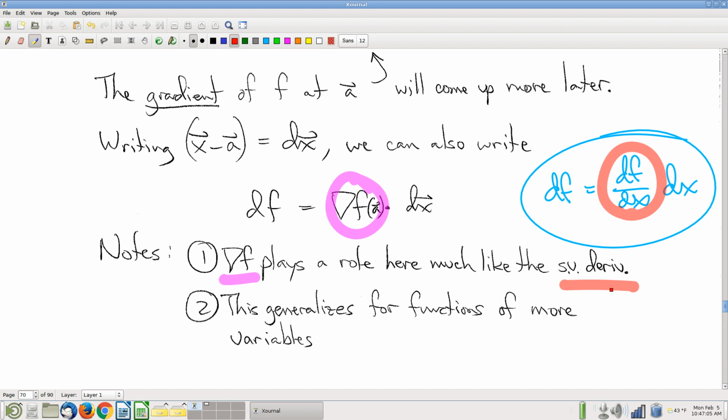Everybody see what I'm saying there? It's a neat observation. So please don't think that because the partial derivative was the first derivative you saw, that must be fundamentally what derivatives are. I don't think that's right. I think this is a better candidate, and I'm also going to show you a different point of view on these things a little while later. That's another pretty strong candidate. Okay, all right.